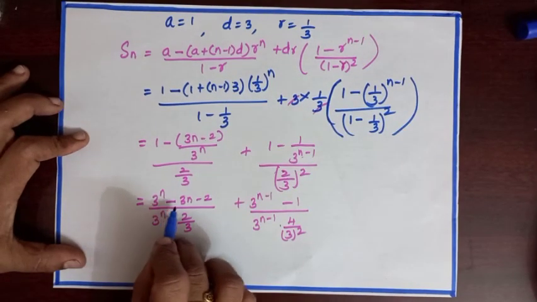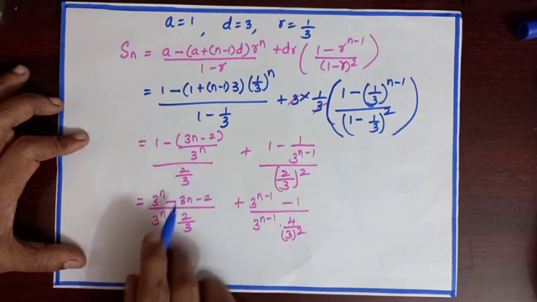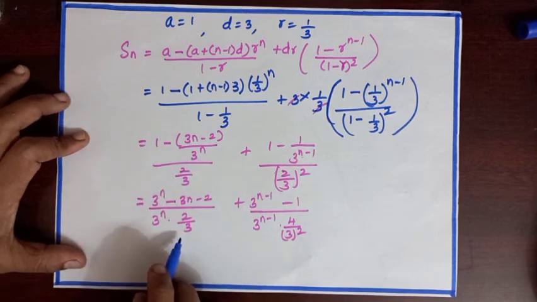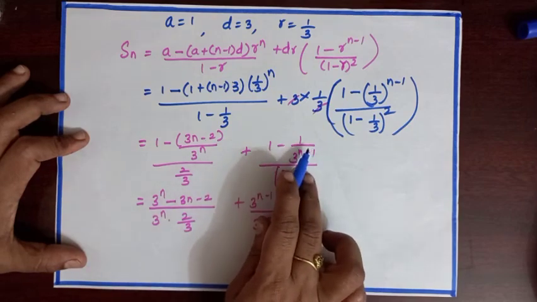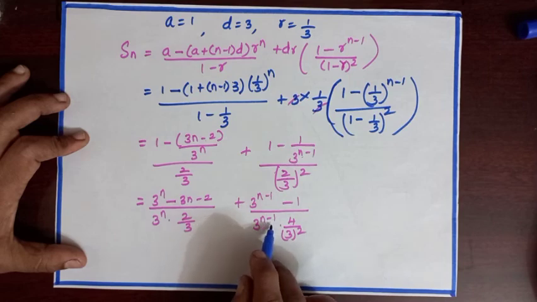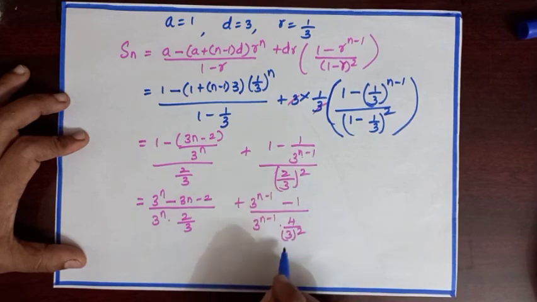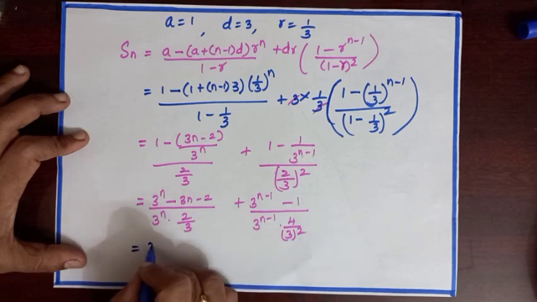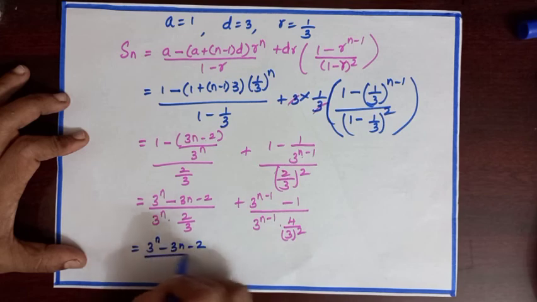This is equal to 3 power n minus (3n minus 2). I have taken LCM by 3 power n into 2 by 3. Plus, for the second term also we need to take LCM: 3 power n minus 1 minus 1 by 3 power n minus 1. 2 by 3 the whole square is 4 by 3 square. Next, 3 power n minus (3n minus 2) has the same base but is in the form of division.